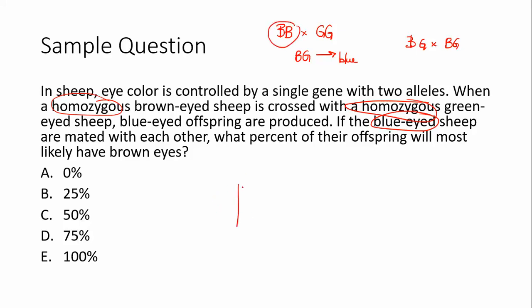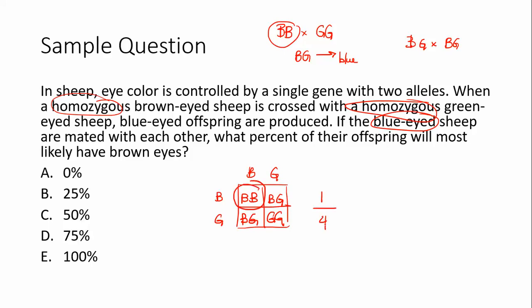So once again, I can do a Punnett square. And I'm looking for all of my BB, my big B, big Bs. That's 1 out of 4.